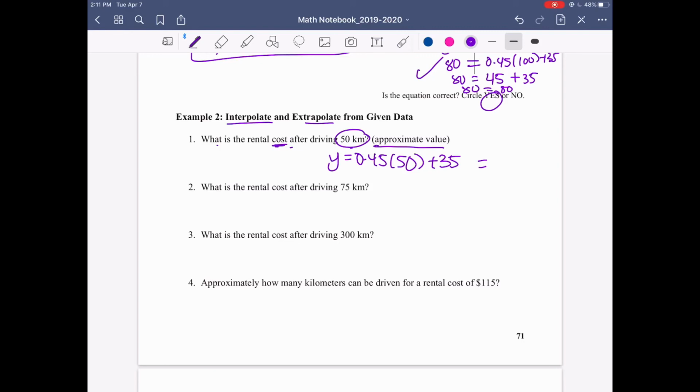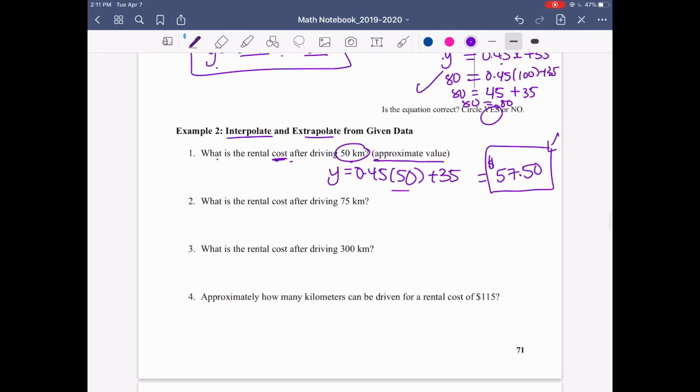And then when you multiply it, 0.45 times 50 plus 35 should be 57.5. So the cost would be $57.50 if you drove 50 kilometers.